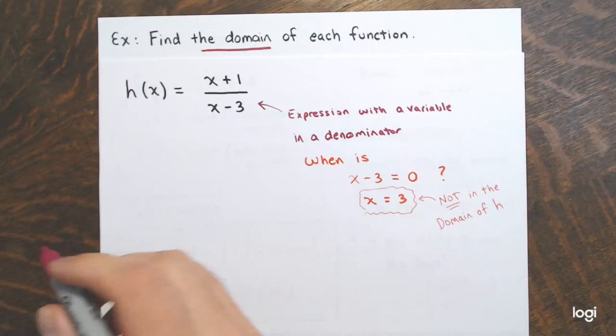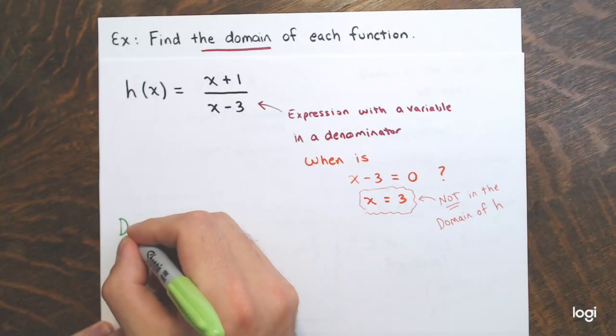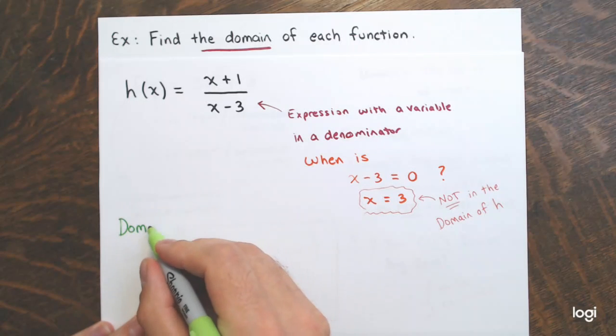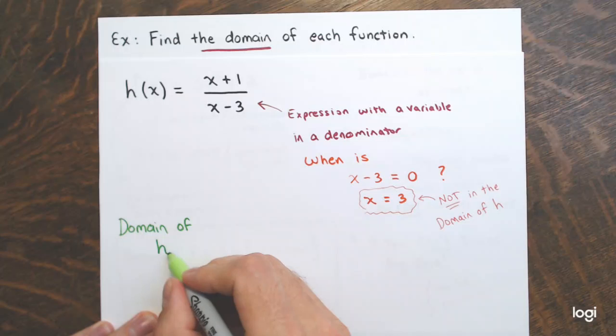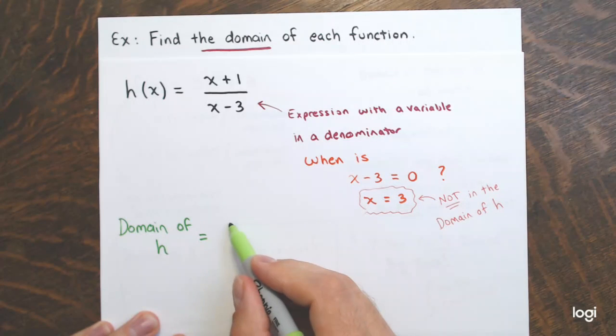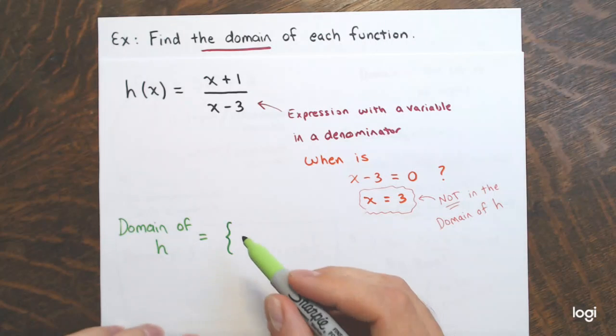From all this, the domain of this function, the domain of h, you could write in set builder notation. It's the set of all values of x.